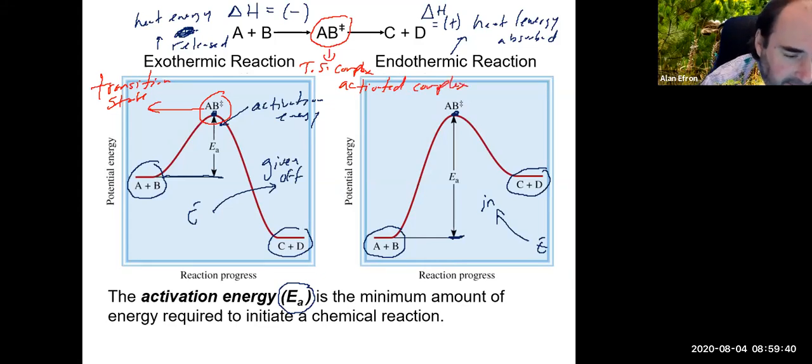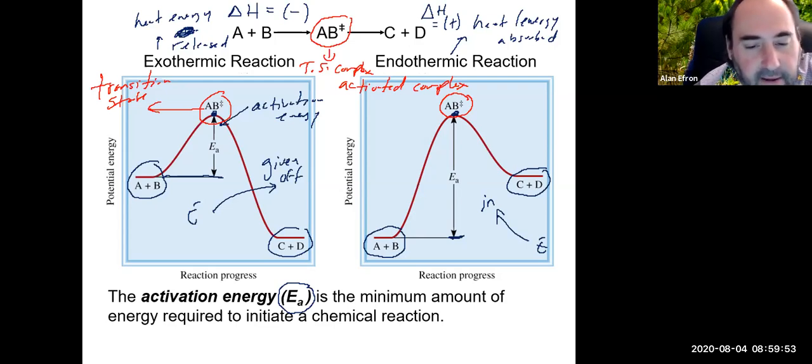A couple of things about that guy: if you see his location on both diagrams here, that transition state complex or activated complex is at the top of the hill, basically the highest point in energy that you could have in this process.